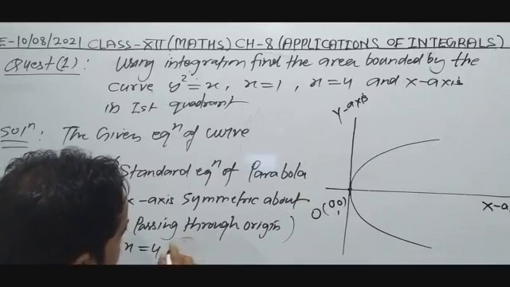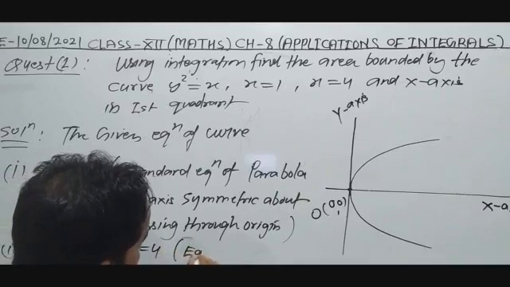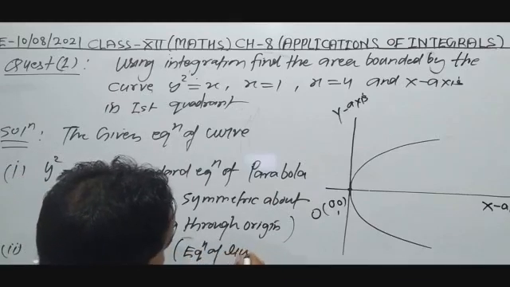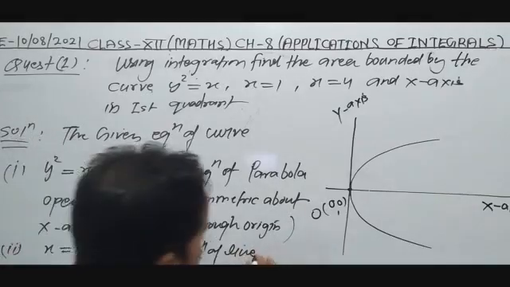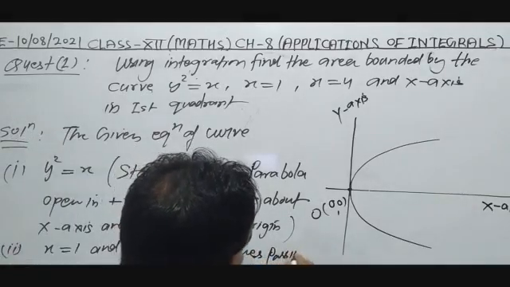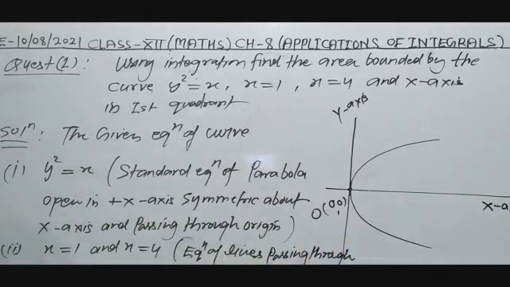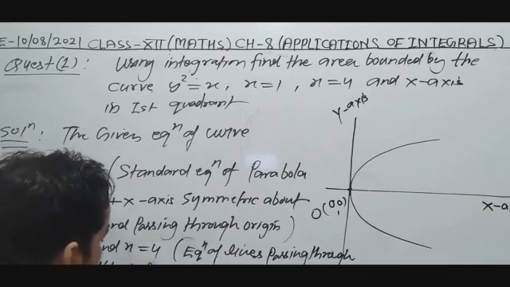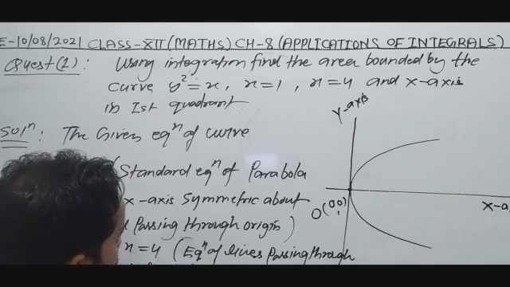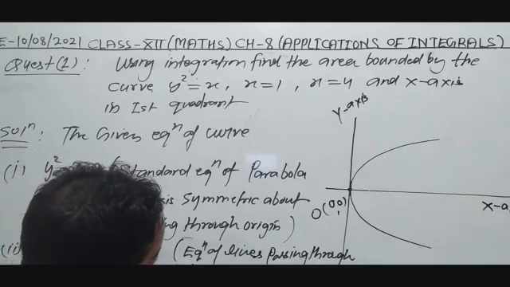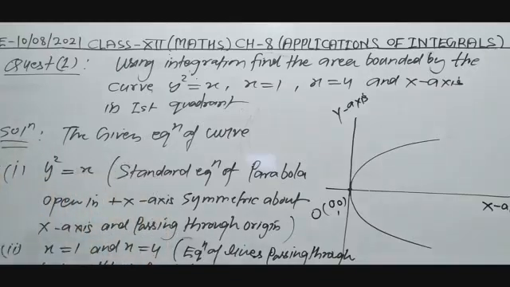In bracket I am going to write its terminology: equation of line passing through (1, 0) and (4, 0) and parallel to y-axis. This is the terminology of this line.